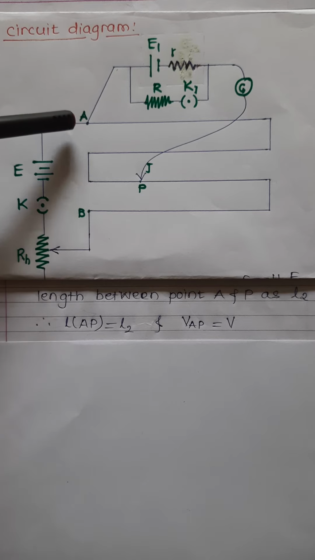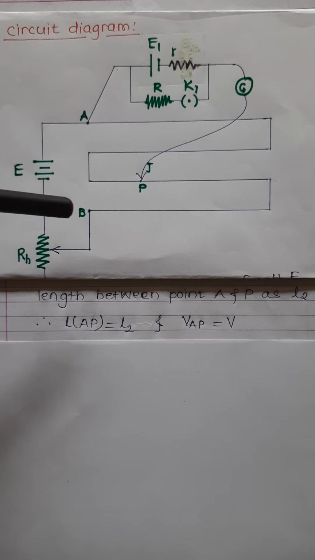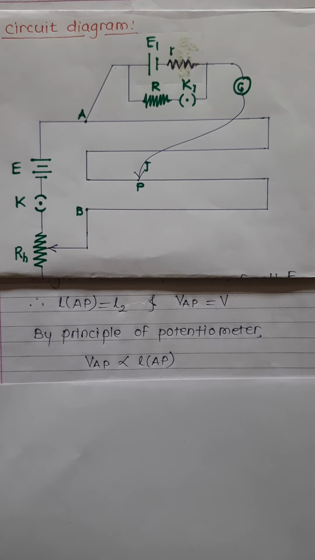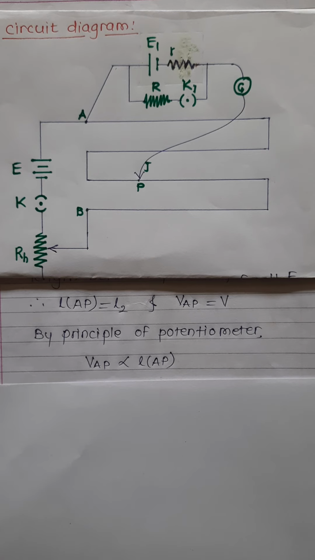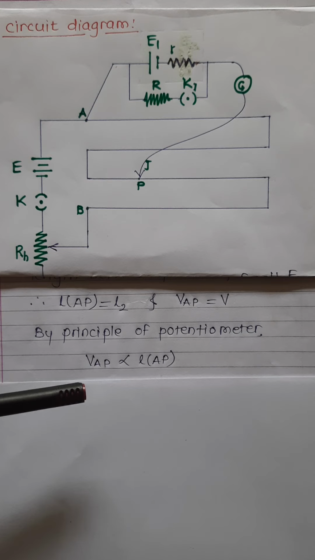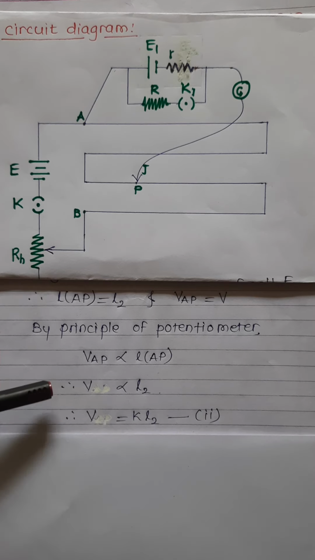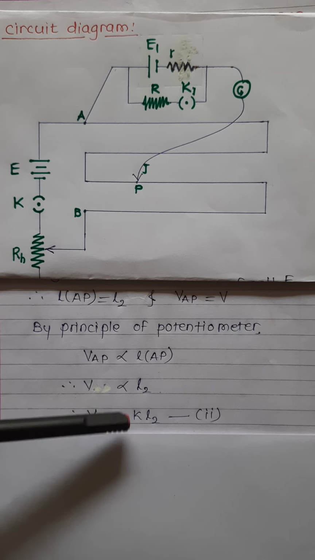Measure length between points A and P as L2. Now apply principle of potentiometer and we get potential difference between points AP is directly proportional to the length of wire between AP. Substitute values and we get V is directly proportional to L2.